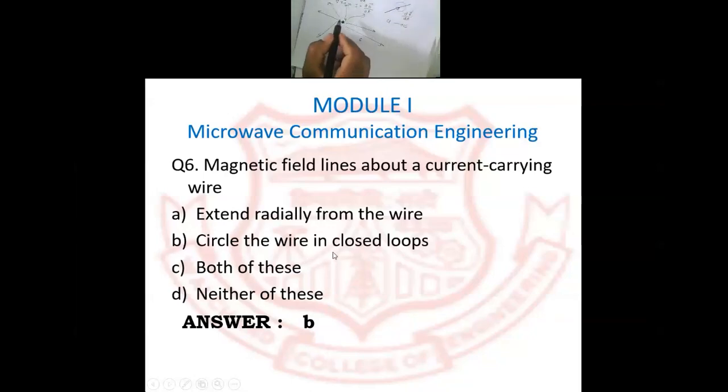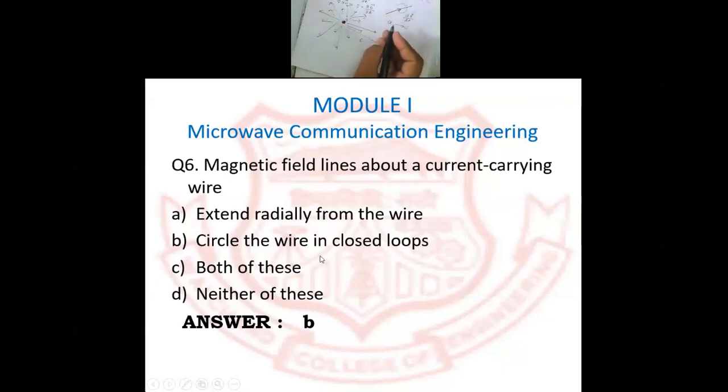If it is an electric field line, then from this Q there is a field in a radial direction. But for the magnetic field, a charge or current is moving through this particular wire, so around that wire there will be a magnetic field circling the wire in a closed loop.